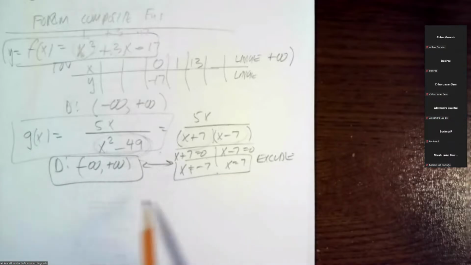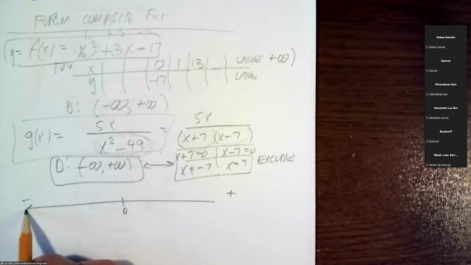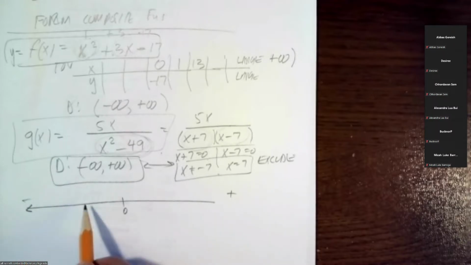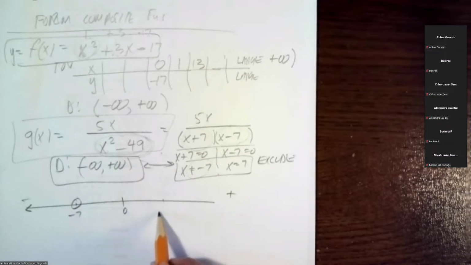Okay, so if I were to draw this on the real number line, I guess I could say here's 0, here's positive, here's negative. So we'd say, well, it goes from negative infinity. And when we get to -7 right here, we can't include that. There's -7. Here's +7. We can't include that either, can we?